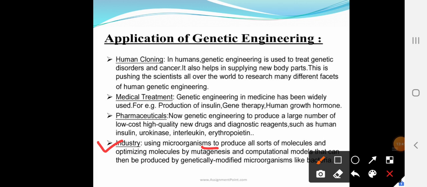With the help of microorganisms, they will produce all sorts of molecules, optimizing molecules by mutagenesis, meaning they will create a mutation in the DNA or in the gene, which will be produced by genetically modified organisms or bacteria.